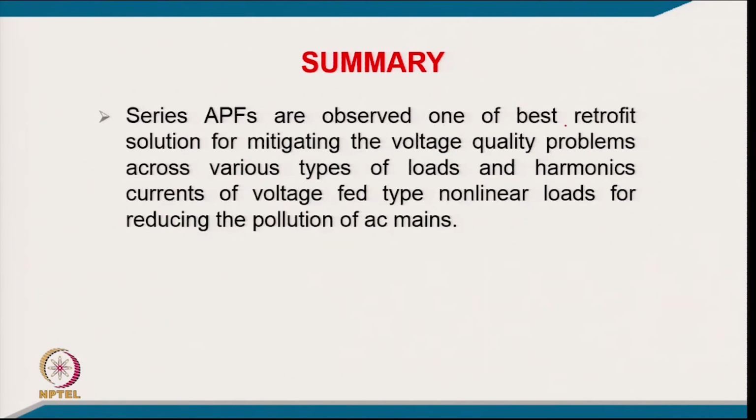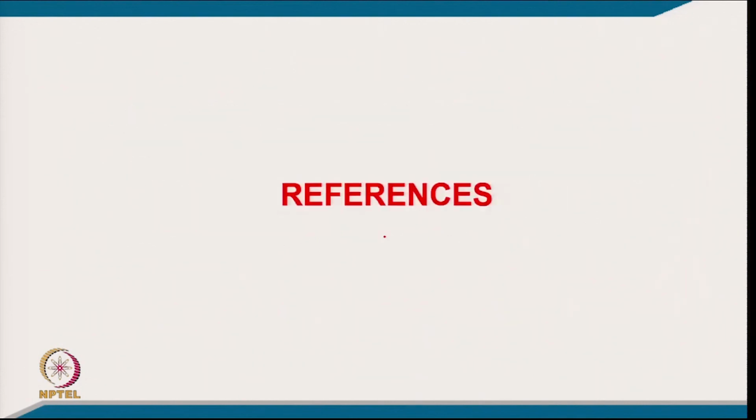Series active filters are also observed to be one of the best retrofit solutions for mitigating voltage power quality problems across various types of loads and harmonic currents of voltage-fed nonlinear loads, for reducing the pollution of AC mains current.